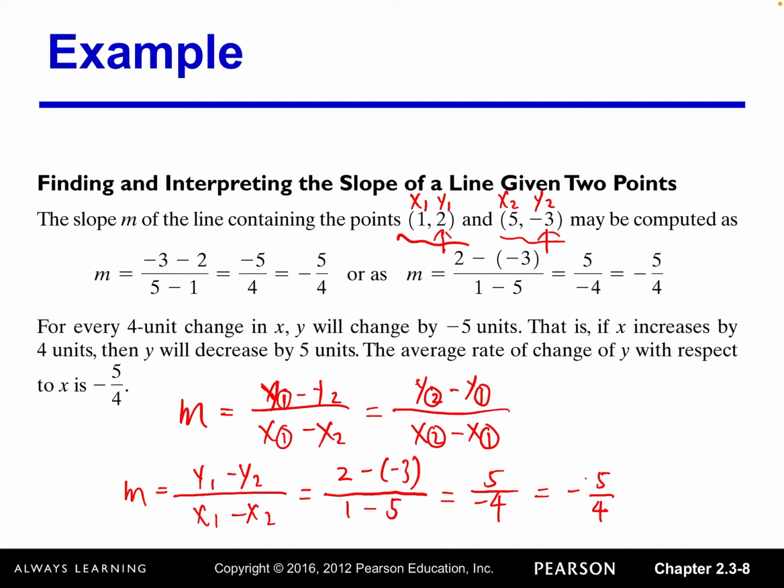Or you can do it the other way around: for every negative 4 unit change in x, y will change by positive 5 units. Either way, again, this negative sign can go on the top, on the bottom, or in the middle. They represent the same thing. The only thing different is how you interpret it.